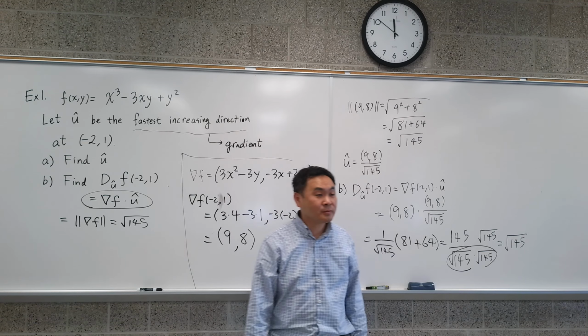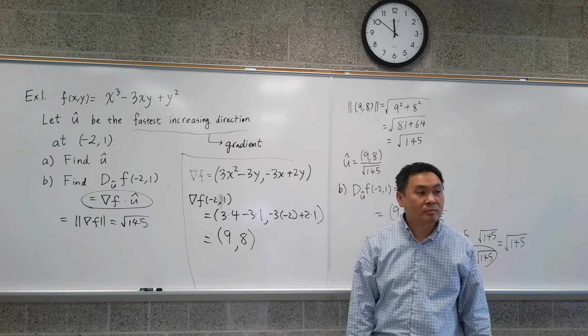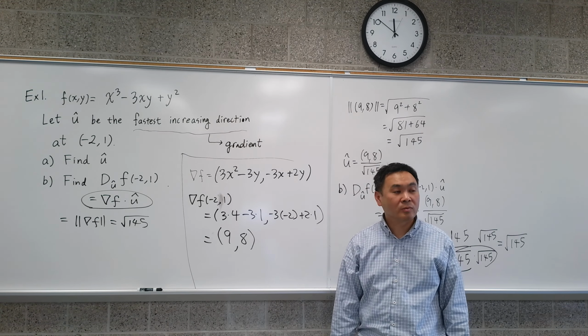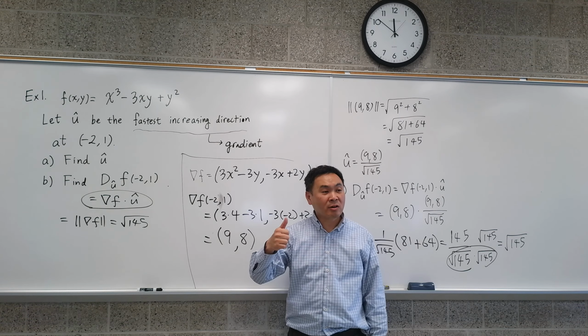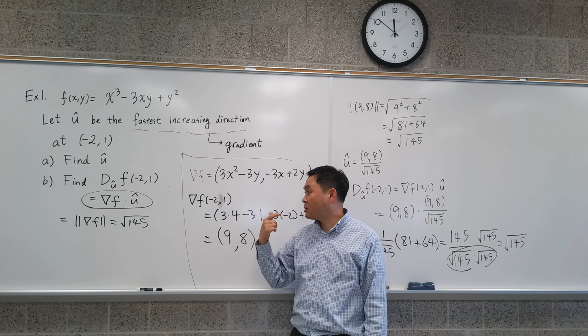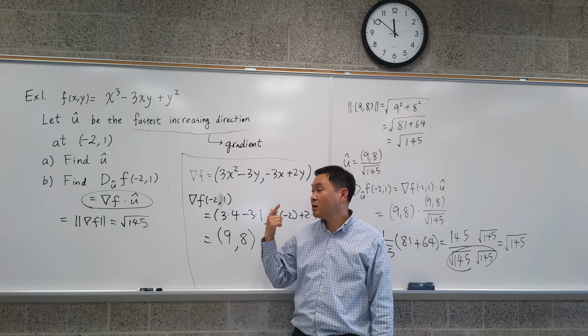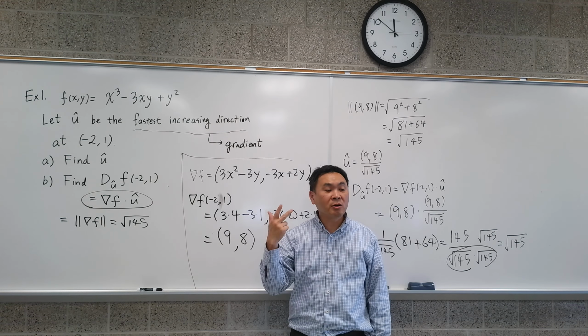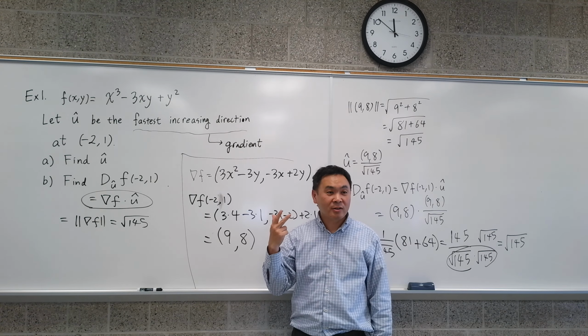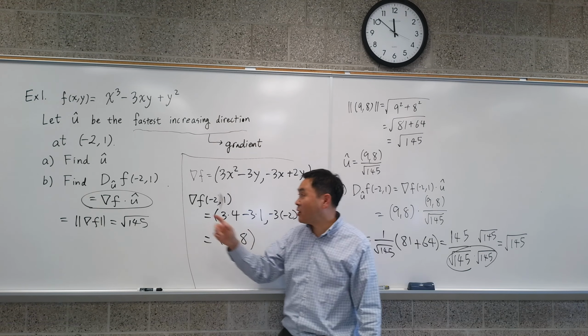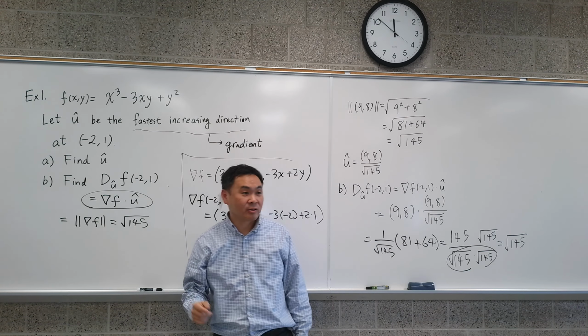So if you knew that, you didn't have to go through all that and could just find the answer like that. Do you mind repeating the properties? Yeah. So, perpendicular to level curves. It's pointing to the fastest increasing direction. And then third, the norm of the gradient of f is the maximum possible value of the directional derivative. All right, thank you.